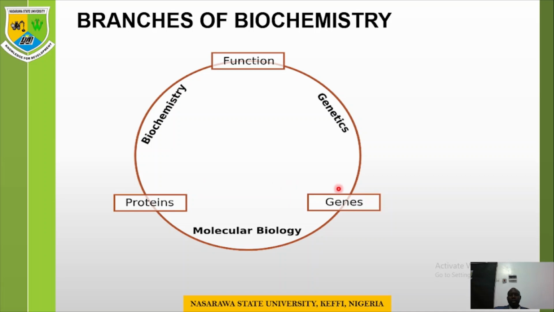Do not forget that when we say genes, we are talking of the information in the DNA. A specific segment of DNA that codes for a particular amino acid or for a particular function, we call it a gene. There is a gene for sight, a gene for tallness, a gene for color of skin, etc.